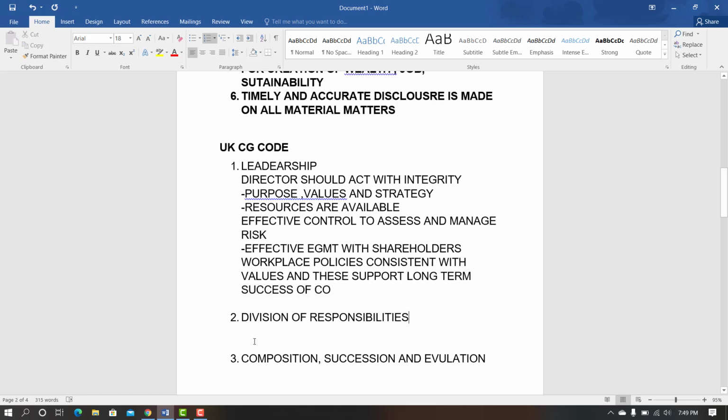So let's move to the second principle of the UK Corporate Governance Code, and that is division of responsibilities. Under division of responsibilities, there should be a clear division between running the board and the executive responsibility. Here no one individual should have unfettered power of decision. So no one should have individual power.